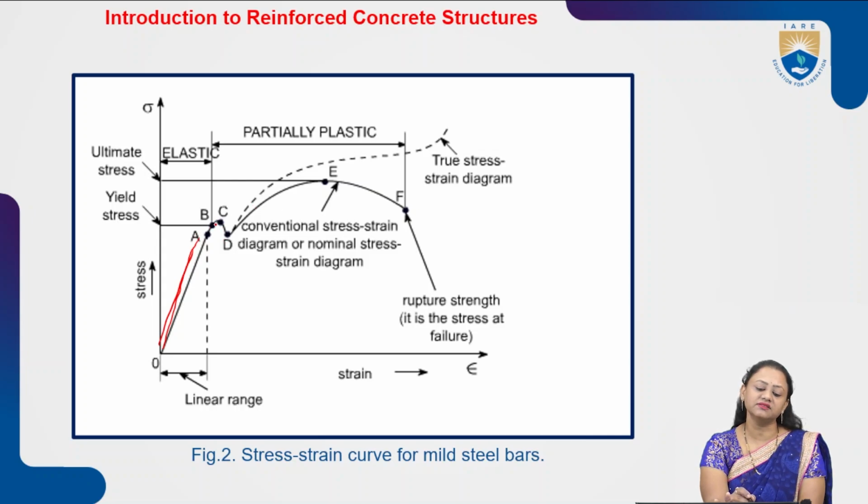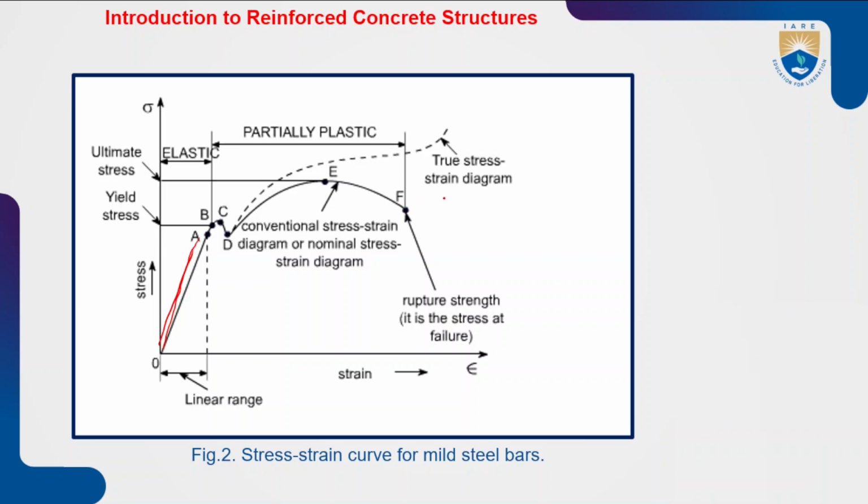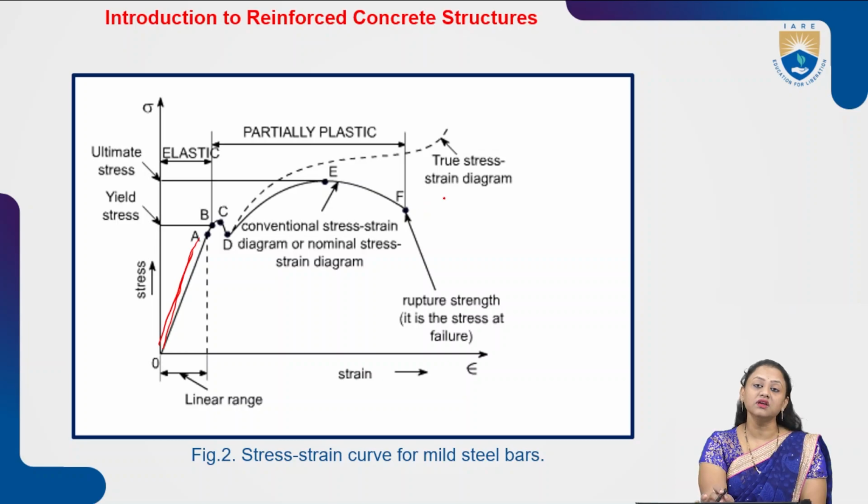The material is yielding. Then it comes down to D and slowly goes up to E, where E is the ultimate stress. That means the material has reached its ultimate strength and is going to lead to fracture or failure. At point F, you can see that is the rupture strength, the ultimate strength at fracture.